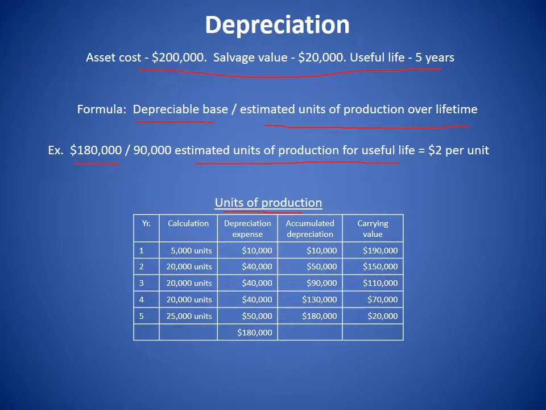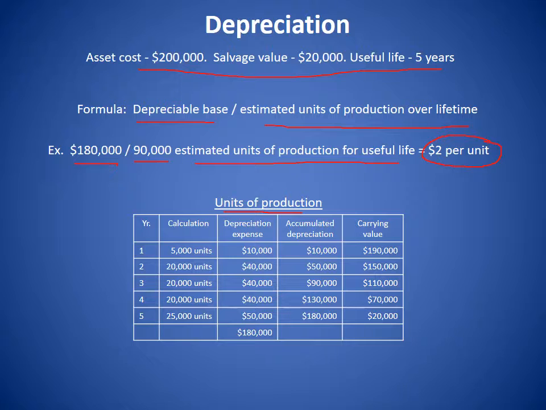In this case, we're estimating that this machine will be able to economically produce 90,000 units. So if we take the $180,000 cost divided by 90,000 units, that means every time this capital asset produces a unit, it's going to incur $2 worth of depreciation costs.